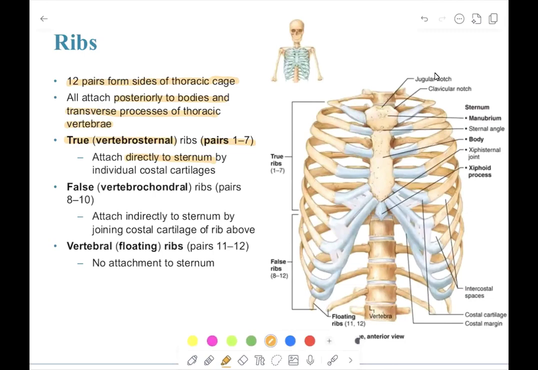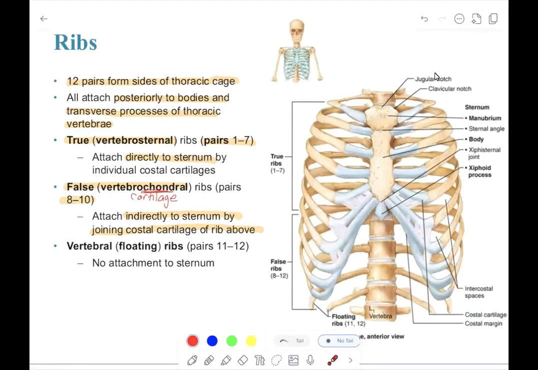The false ribs are pairs 8 through 10, and they are called vertebrochondral. And as we know, chondral means cartilage. Remember, a chondroblast or a chondrocyte. And they're called false ribs because they attach indirectly to the sternum by joining costal cartilage from above. So you can see that in these here.